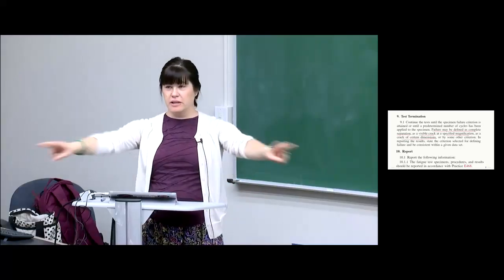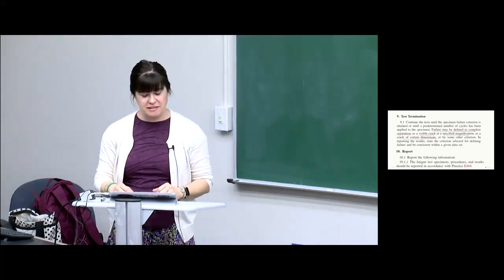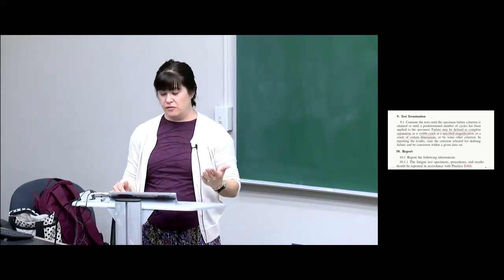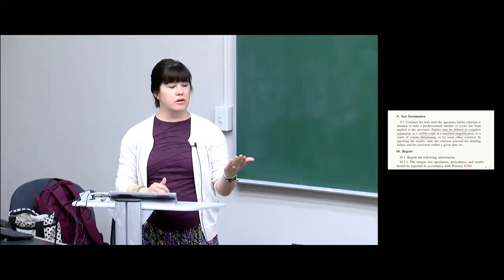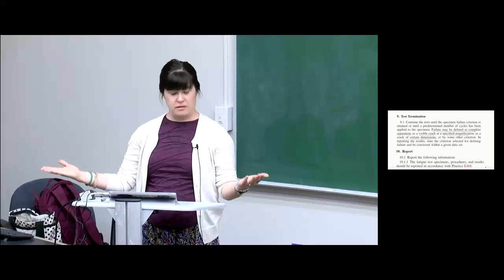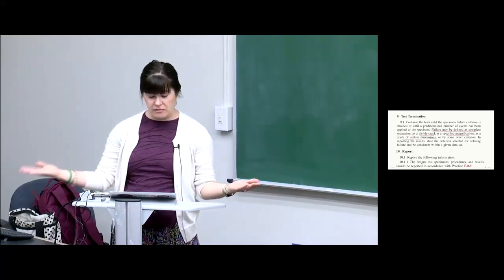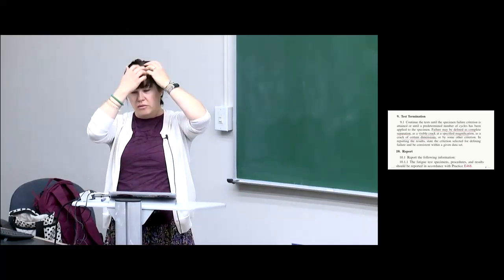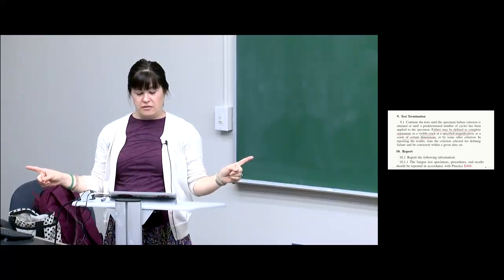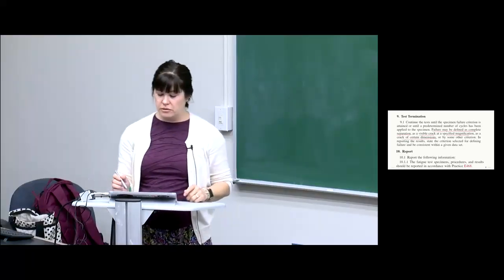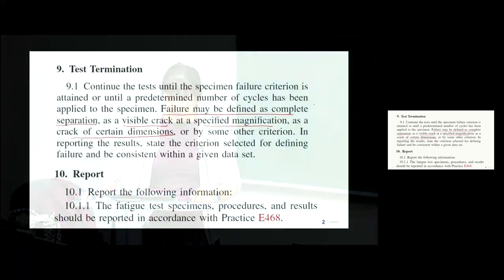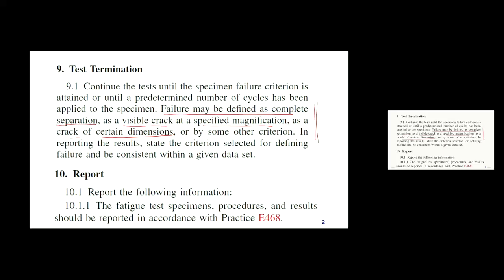You hire 2 different labs because you want to make sure the testing is done right. And then you get back one where you've defined the failure criterion as a visible crack up to a half inch through the thickness. And the other one, they sort of missed that email and they define failure as complete separation. Well, now you have 2 different failure criteria for the same type of samples, and you have to interpolate between those 2 and decide what you want to do, right? So it's really important to communicate at the beginning and make sure that everyone's clear on the terms.